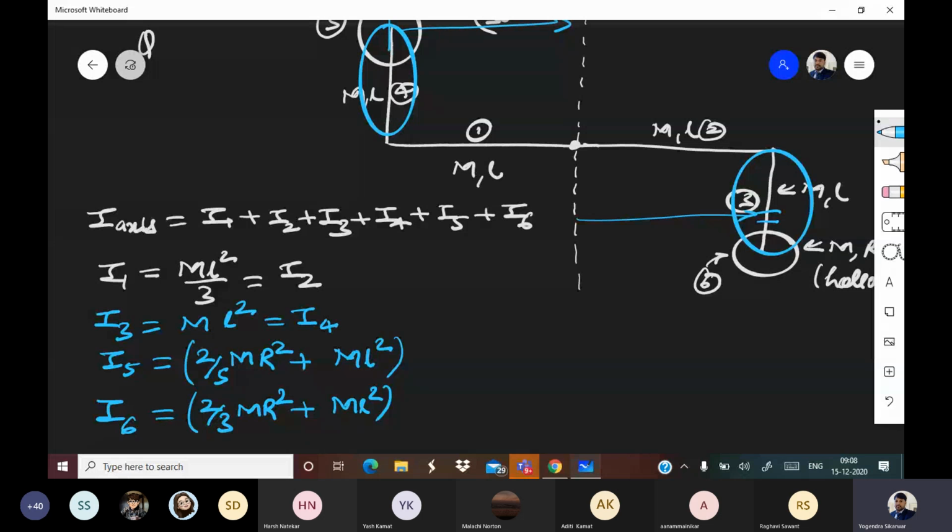When the distance is the same, the moment of inertia of any part will be the mass of that small part into L square, plus for the next particle mass of that part into L square, and that continues. So for the whole thing it will be ml square.